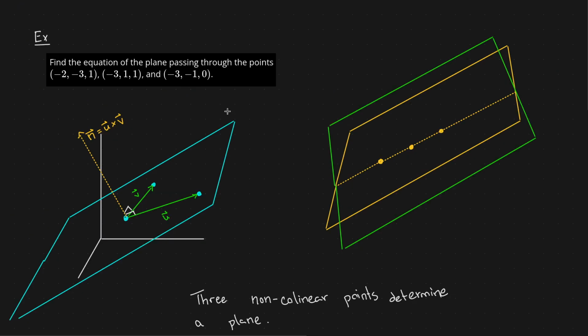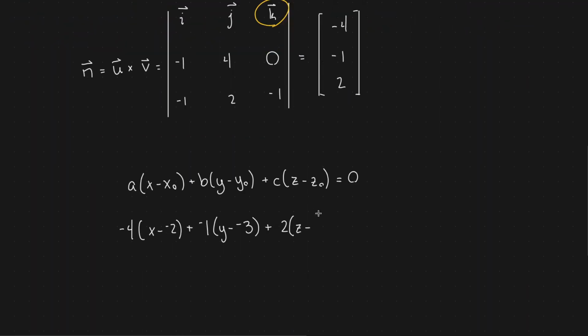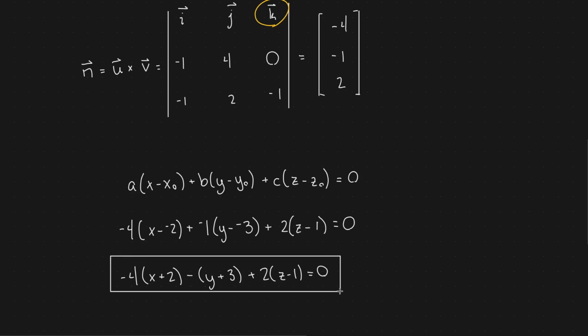Z naught's the last component in the point, which is 1. Equals 0. And I'm just going to tidy this up a bit. -4(x plus 2) minus (y plus 3) plus 2(z minus 1) equals 0. And I'm going to leave that as my final answer. That is a plane that goes through all 3 points.